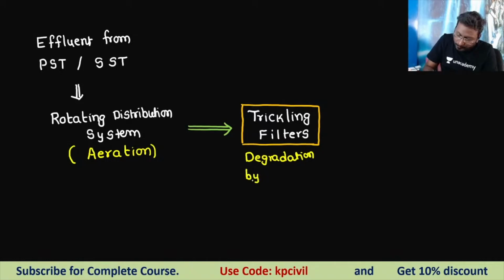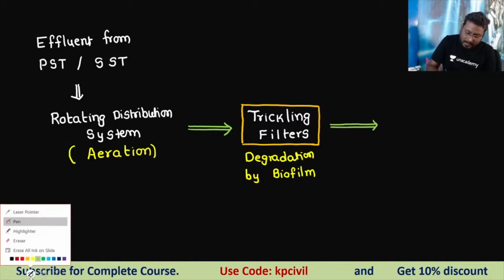Degradation by the attached culture of bacteria, what do we call it? Attached culture of bacteria is called biofilm. So whenever degradation is completed, organic solids are converted to inorganic.